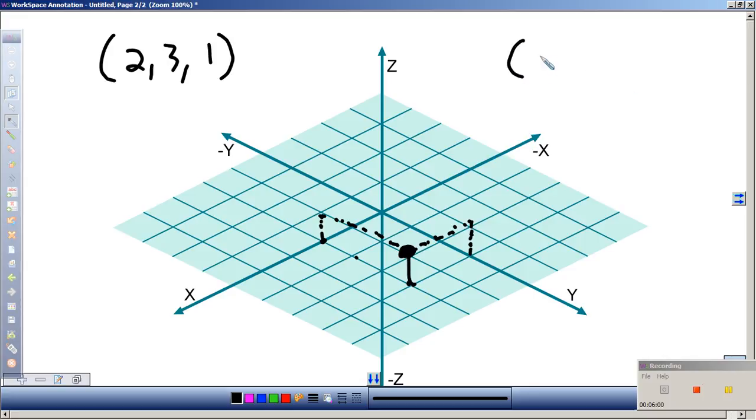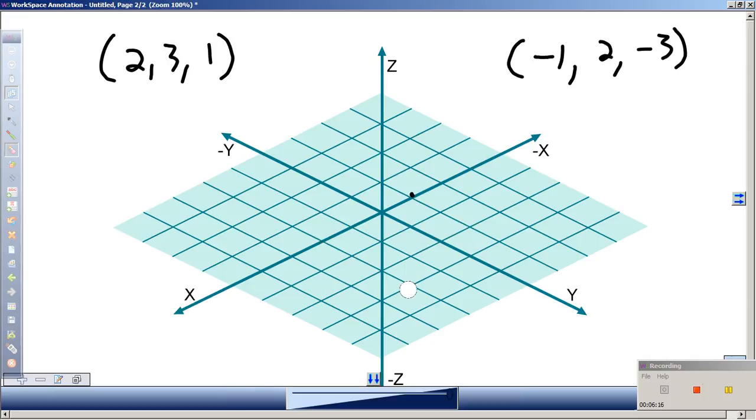So if we say -1, 2, -3. Okay, first -1 in the x direction, so that's here. 2, 1, 2. I'm going to get rid of this. This is one of the reasons why you probably want to do each thing in its own graph.